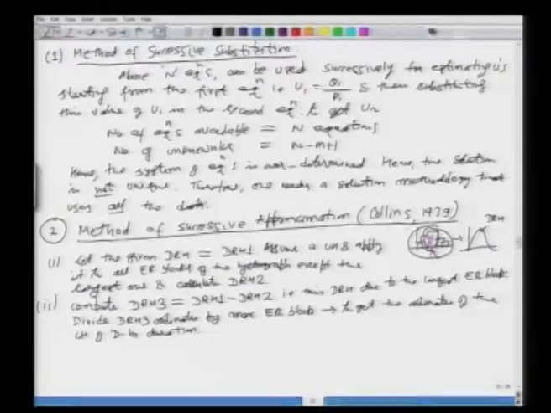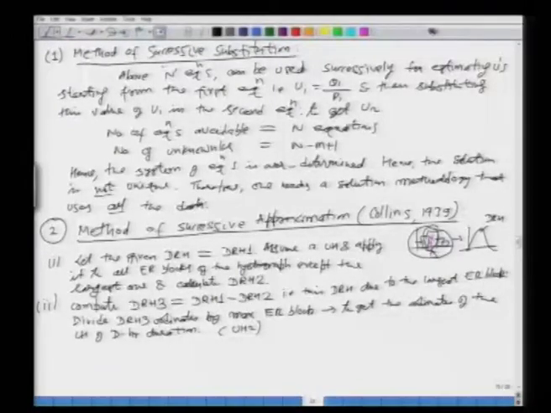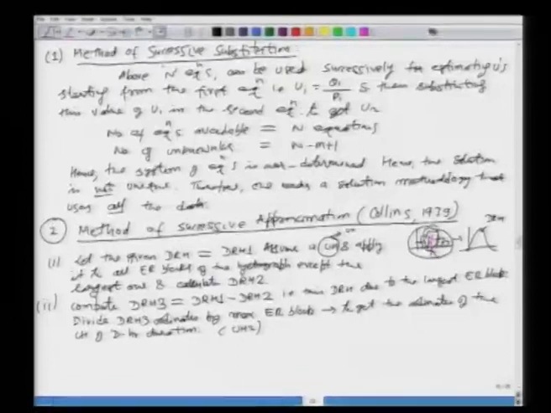Let us call that UH2, and initially we had assumed some UH, this one, and let us say that this is UH1.